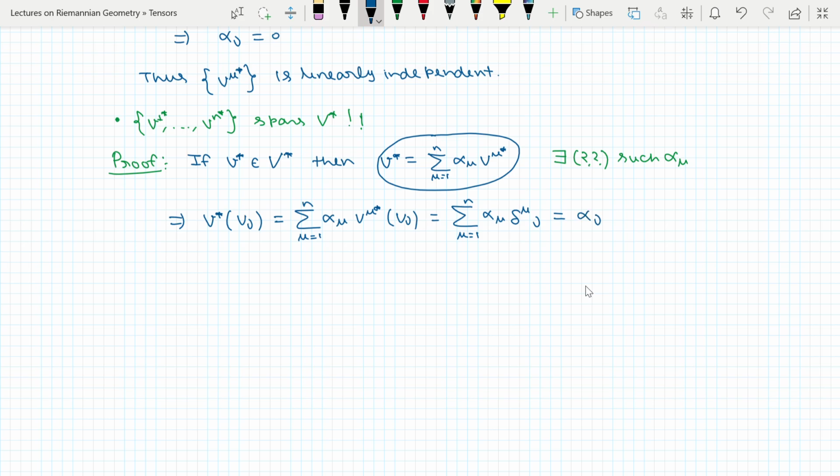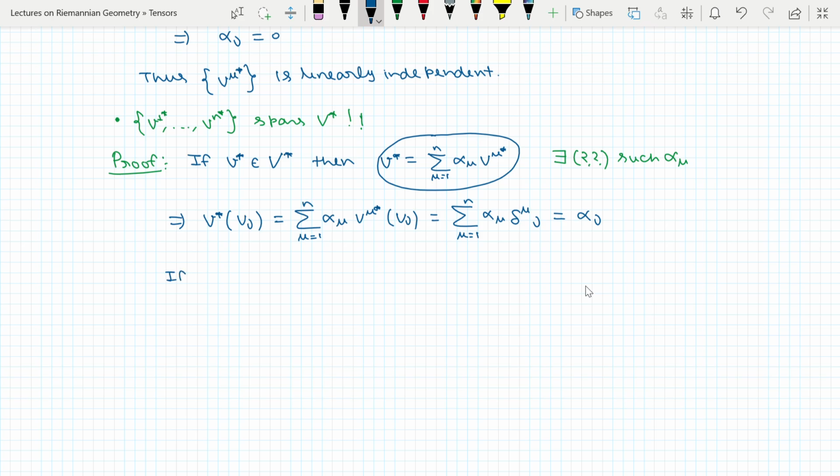So this will be equal to alpha nu, and mu is just an index. So you see what we got? The scalars for which this thing is true are nothing but the value you get when you operate your functional on V nu.